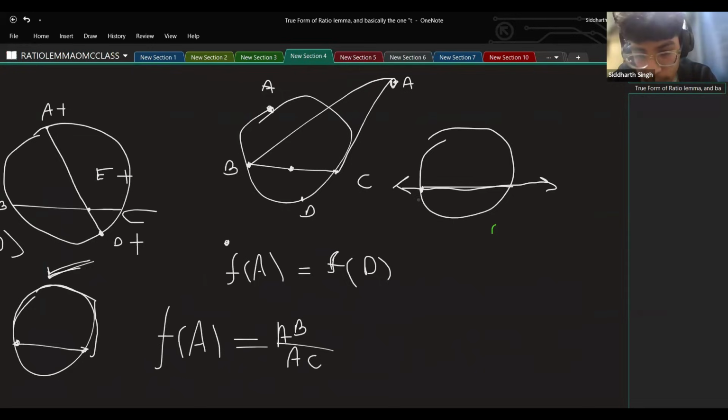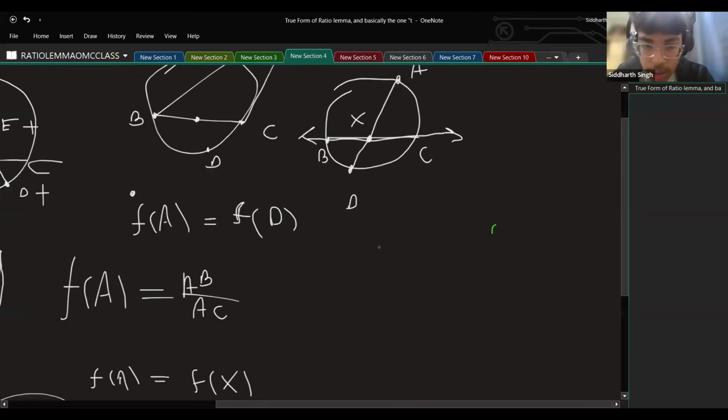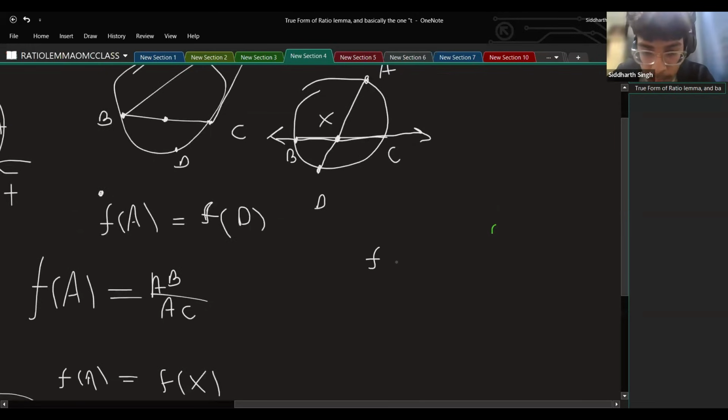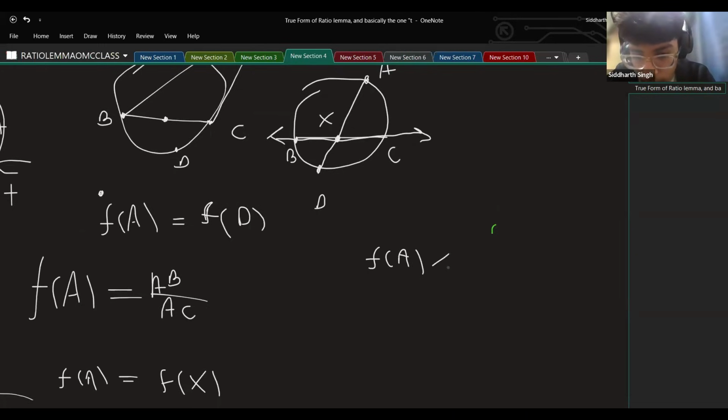This is B, this is C. If we take any other point A, then we intersect it with another point D. Then the main point of this entire lemma, which is the only theorem we'll mostly be using, is f of A times f of D is equal to f of x.